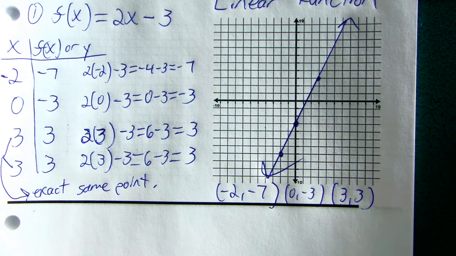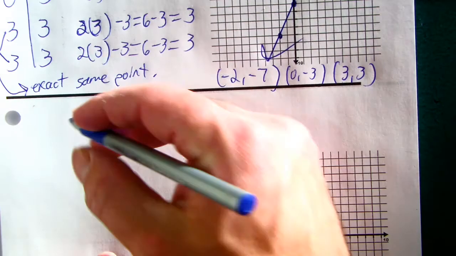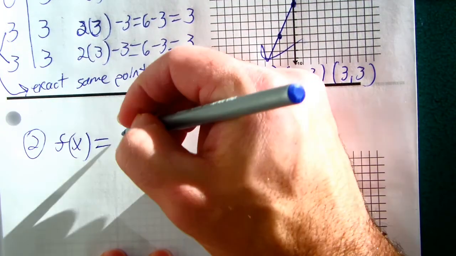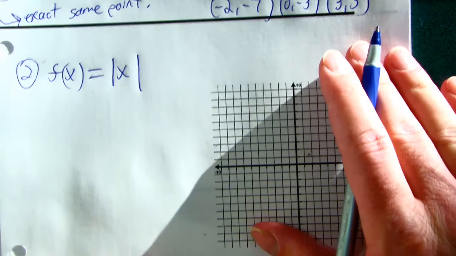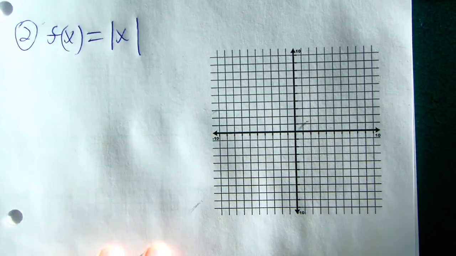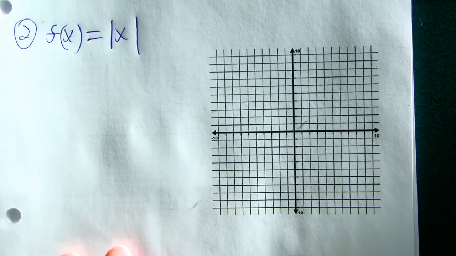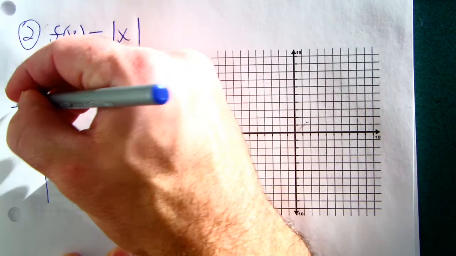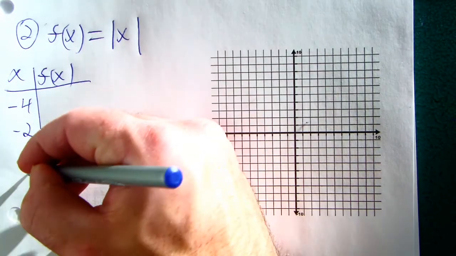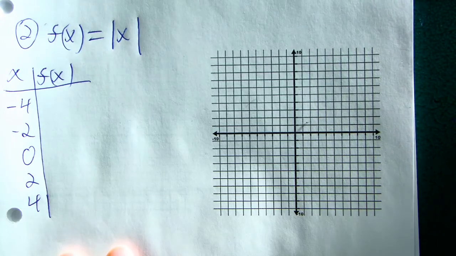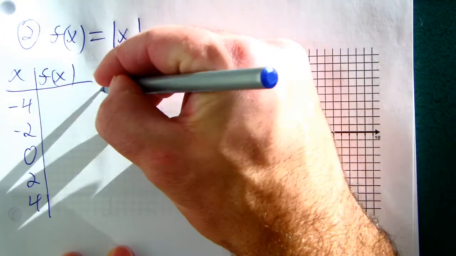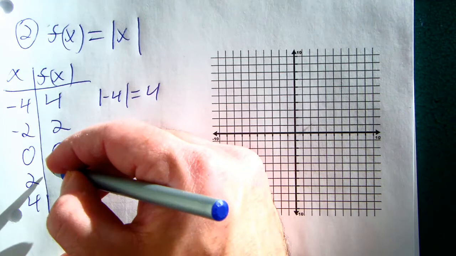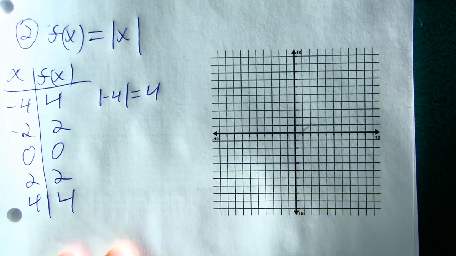Okay. A second example of a function would be an absolute value function. So f of x equals the absolute value of x. So absolute value, if I put -4 in here, absolute value of -4 is +4. Absolute value of -2 is 2. Absolute value of 0 is 0. Absolute value of 2 is 2. Absolute value of 4 is 4.